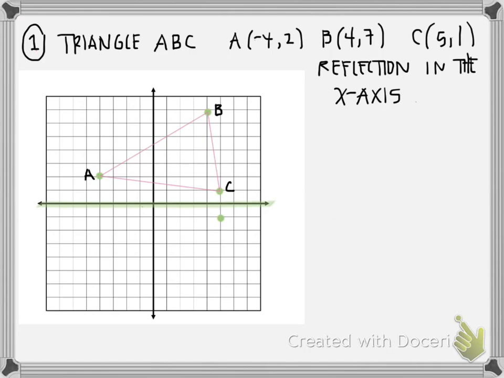My A prime, I'm 2 units up, so then I'm going to be 2 units down. And my B is going to be 1, 2, 3, 4, 5, 6, 7. So now this becomes my A prime, my C prime, and my B prime.